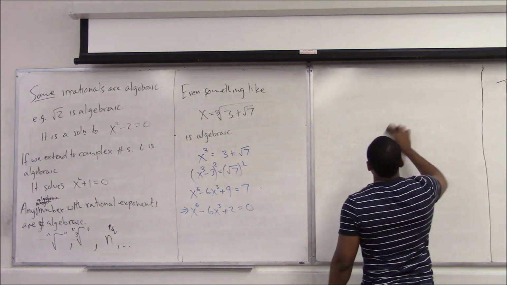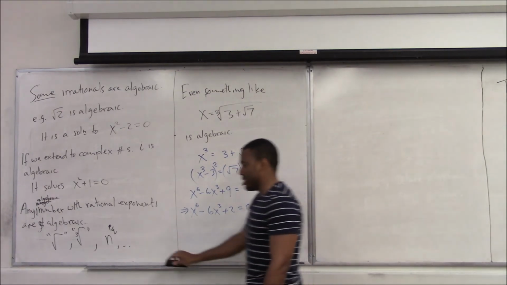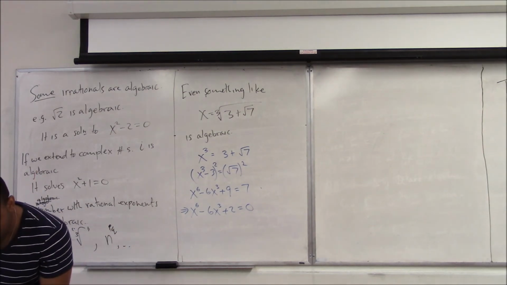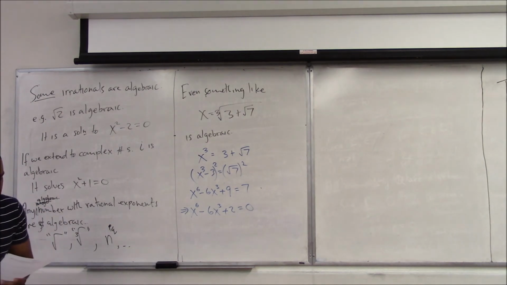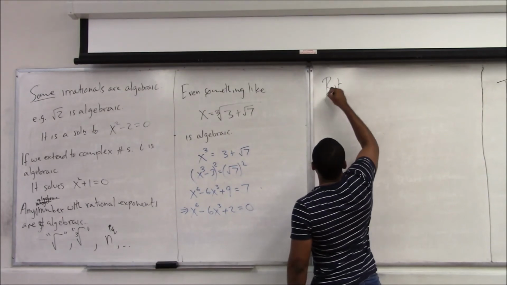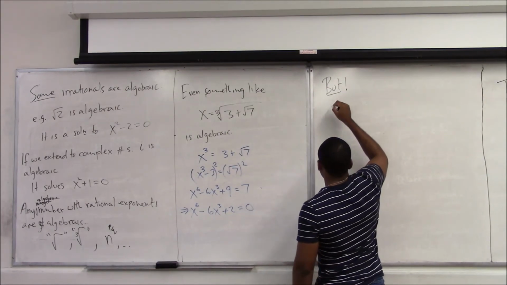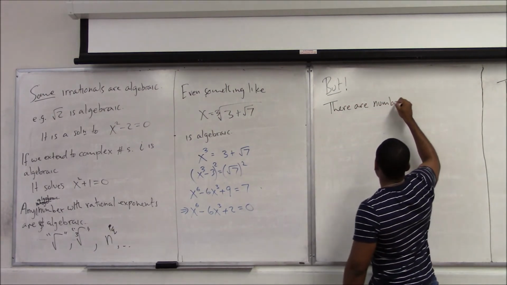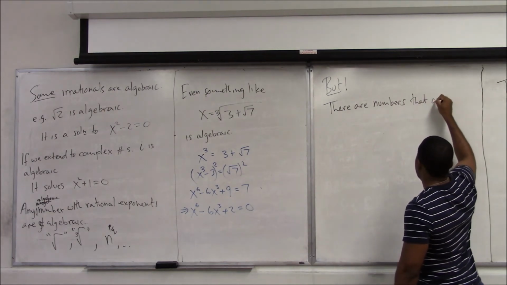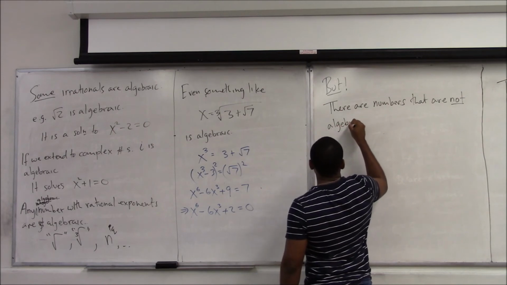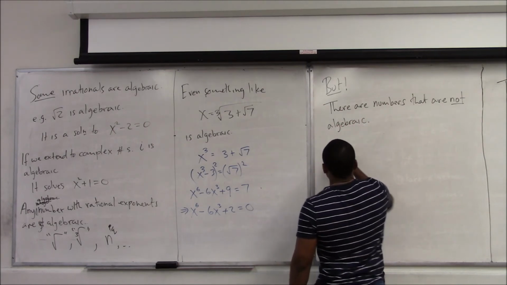So I'm sure you felt the tension building up in the air, leading to the fact that not all numbers are algebraic. There are non-algebraic ones. So don't think that it's a pointless definition. There are numbers that are not algebraic, meaning you cannot come up with a polynomial that will solve them.